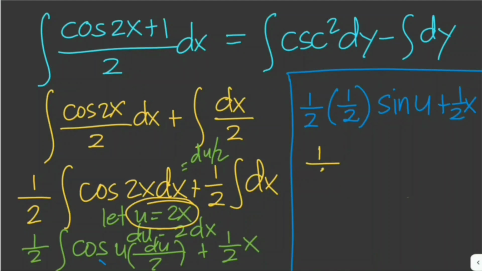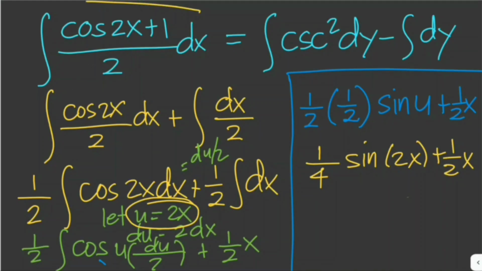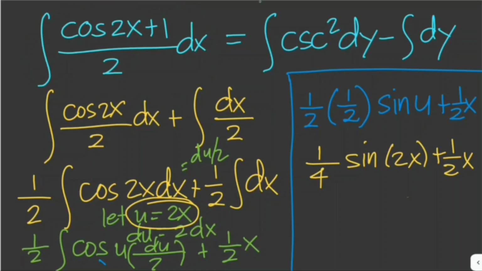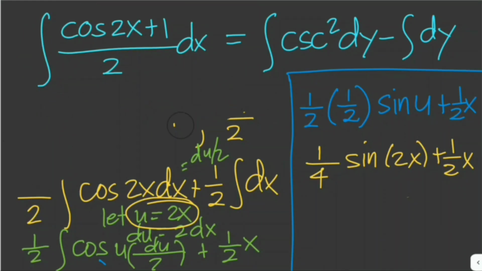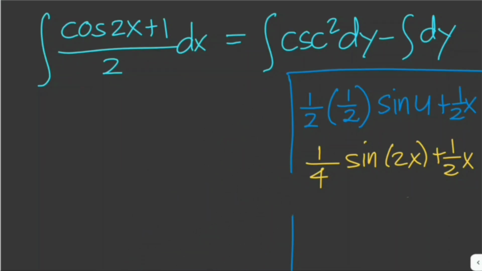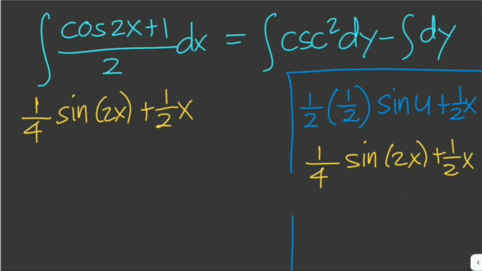So this would become 1/4 sine of 2x plus 1/2 x. Therefore, the integral of cosine 2x plus 1 over 2 dx is equivalent to 1/4 sine 2x plus 1/2 x. Now let's write that over here. Let's delete this. So this is equivalent to 1/4 sine of 2x plus 1/2 x.